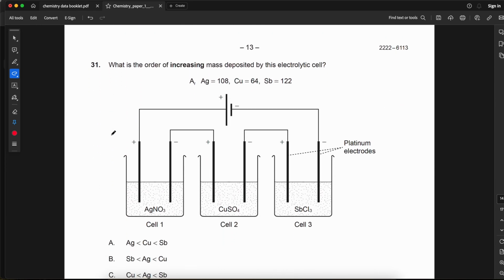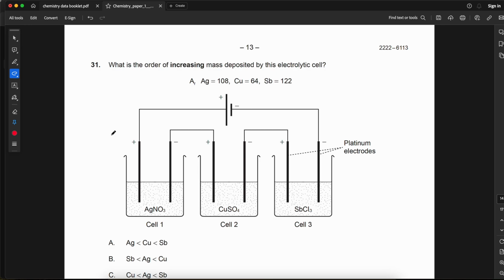What is the order of increasing mass deposited by this electrolytic cell? So we have Ag, Cu, and Sb. According to Faraday's law, the mass of a substance deposited during electrolysis is directly proportional to the quantity of electricity passed through the cell. The mass of the substance deposited during electrolysis is directly proportional to its equivalent weight, or equivalent mass.